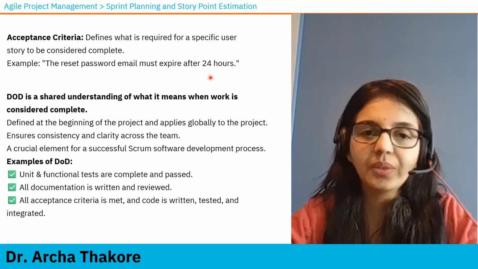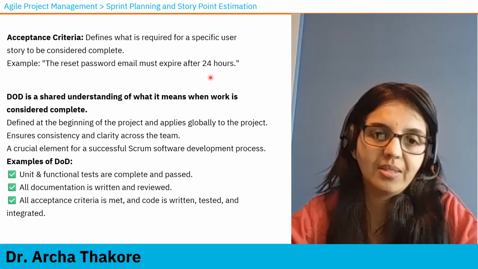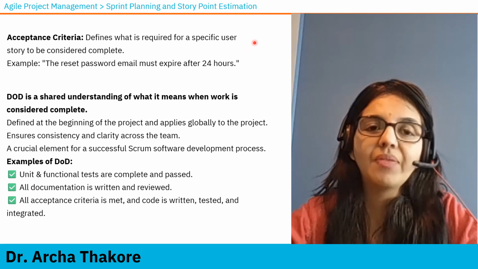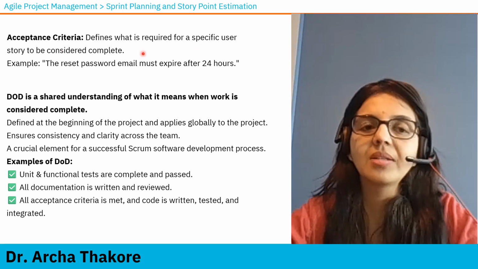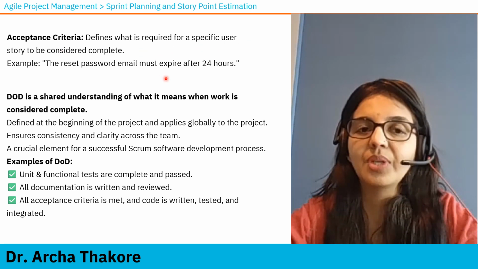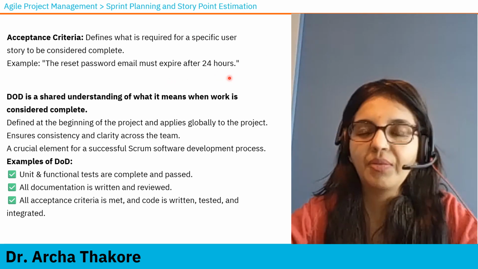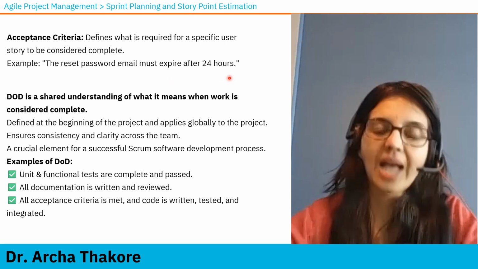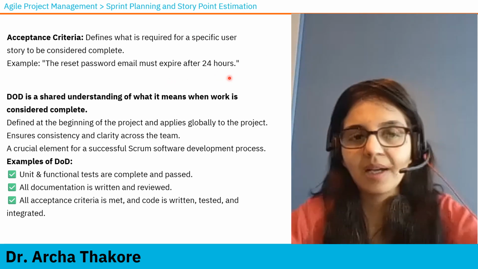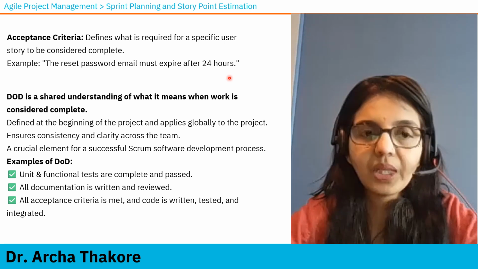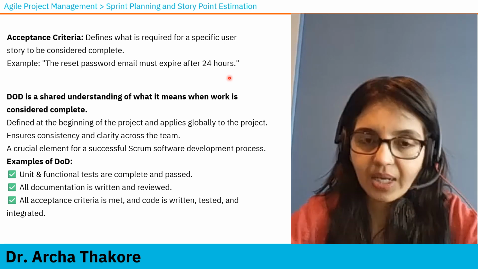How will you know that this user story is accurately done? It defines what is required for a specific user story to be considered complete. For example, reset password email must expire within 24 hours. You'll test it, and if it is happening, that acceptance criteria is met. So user stories have acceptance criteria.